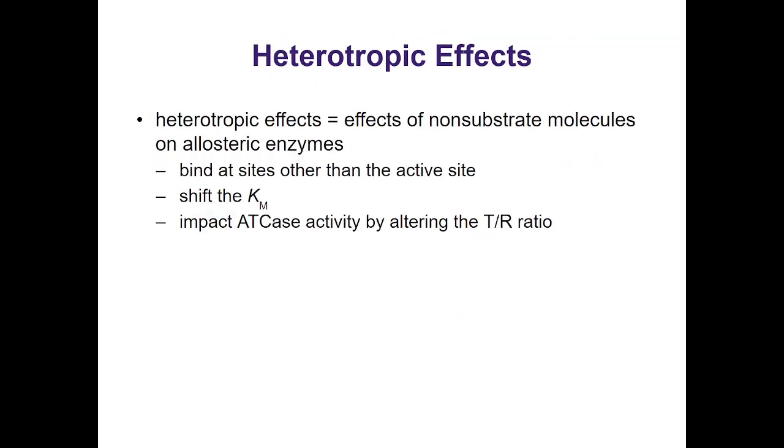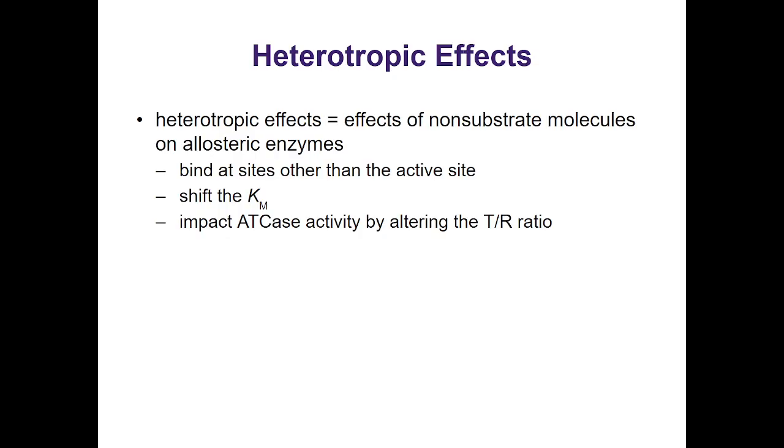The heterotropic effects are going to be the effect of non-substrate molecules on allosteric enzymes. Think about it as one more separation off of allosteric, okay? So now we have allosteric stuff that affects the enzyme without affecting the binding site itself, right? Or binding to the binding site.